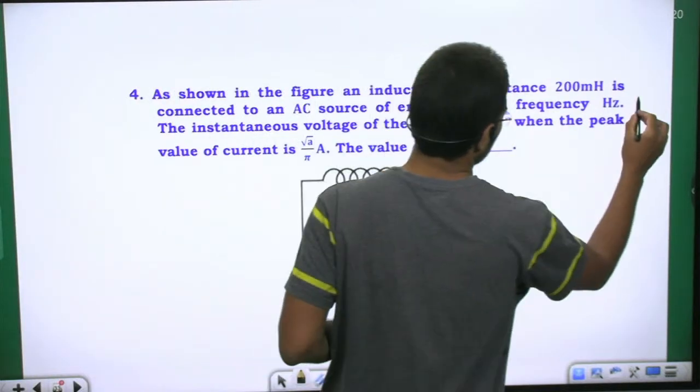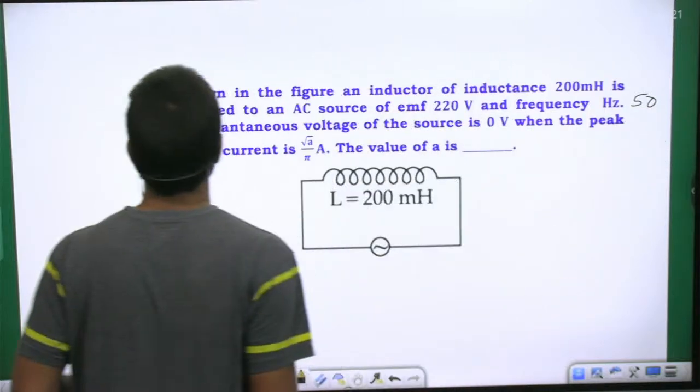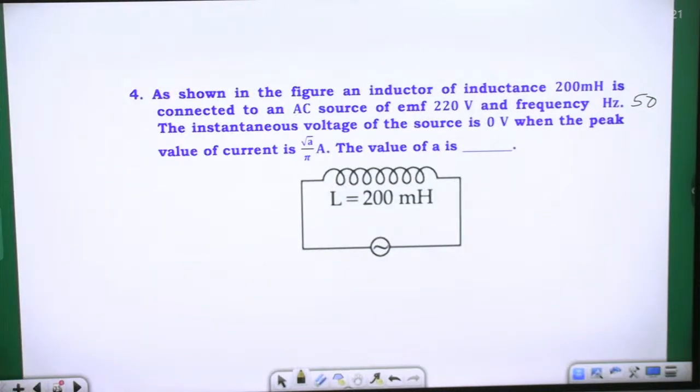The instantaneous voltage of the source is 0 volts when the peak value of the current is root A by pi amps. So what is the value of A?